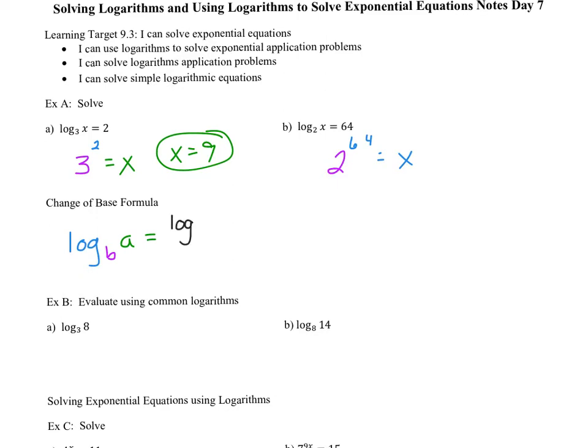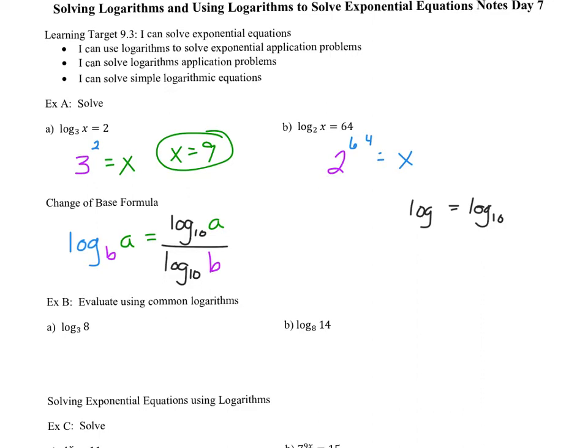And I think I forgot to put this in my last video, and I apologize: if you see something with just log, that's the same thing as log base 10. They just don't write the 10. It's just kind of a lazy thing. So it's log base 10 of a over log base 10 of b. How I try to remember this is the one that's a little bit more on top goes on top, and the base goes on the bottom.